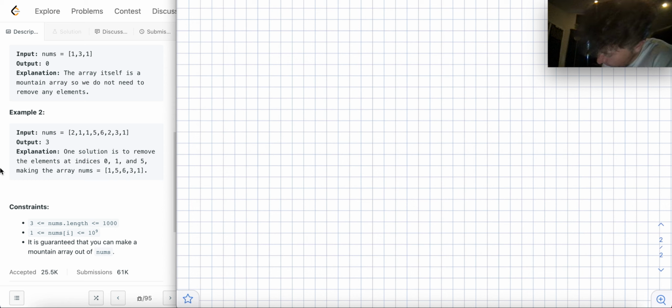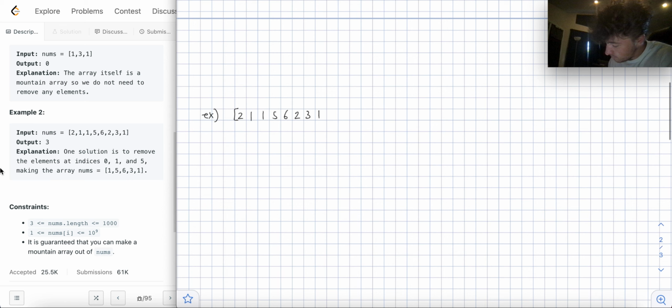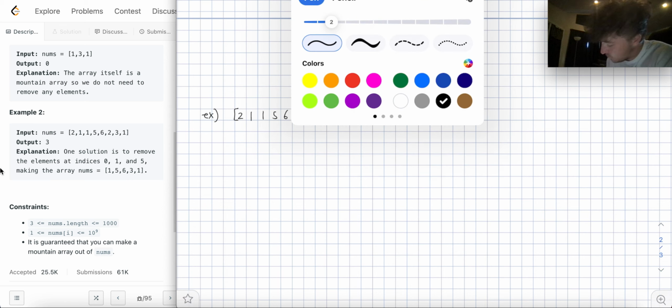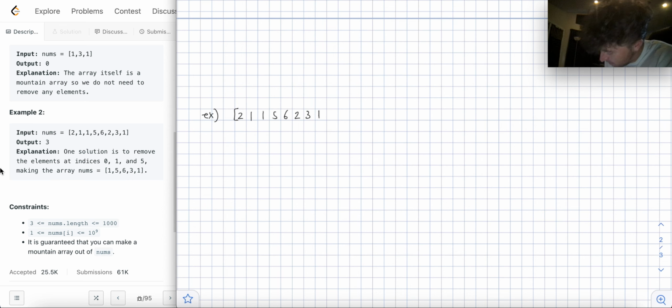Now let's go ahead and write this example out. So for example, we have 2, 1, 1, 5, 6, 2, 3, 1. Now to really bring the point home about how this works, let's actually make mountains out of this. So this is the first hill, I guess, or however you want to articulate it, but it has size 2.